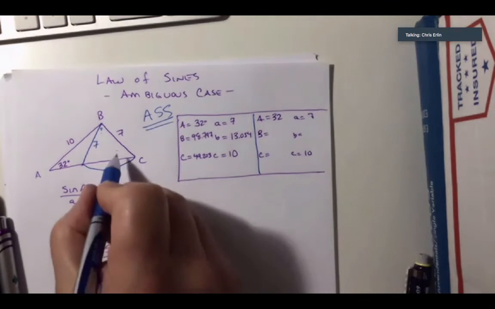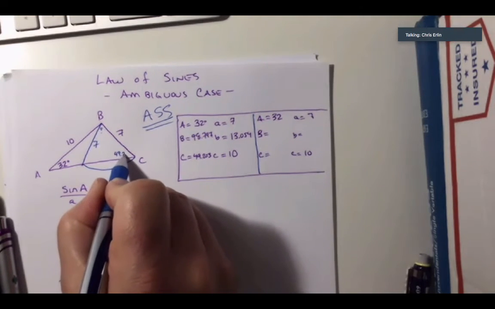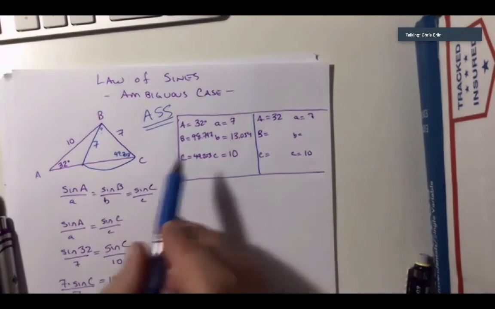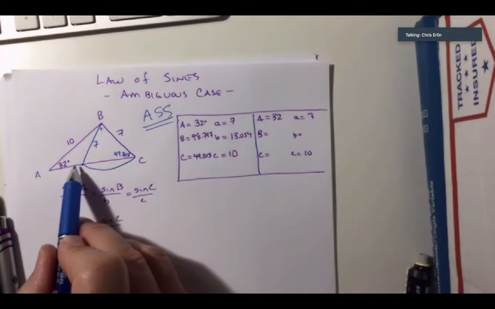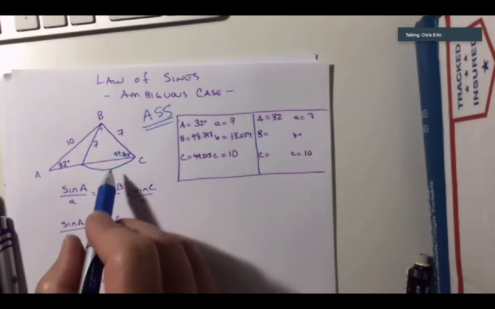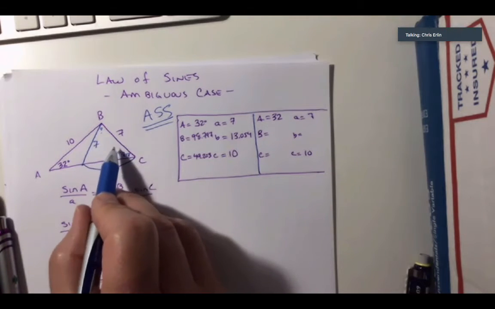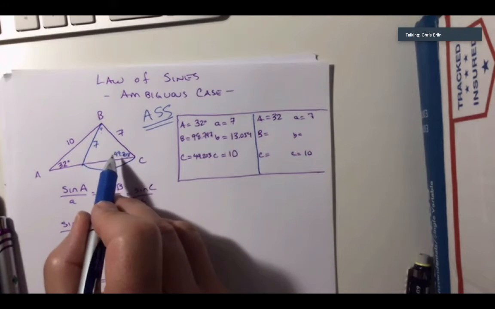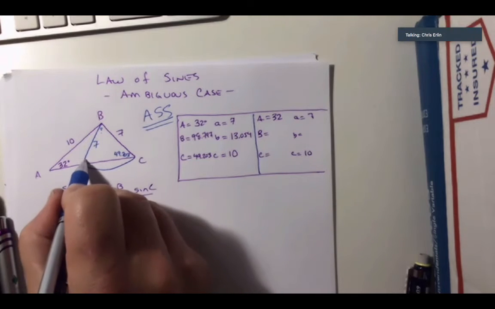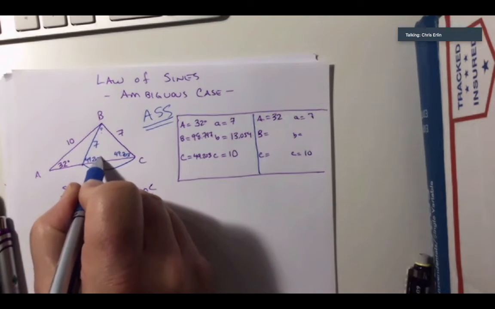And whereas here we had found that this was 49.203, this angle is going to be different. How can we find it? Well, if this is 7 and this is 7, that makes this an isosceles triangle. If it's an isosceles triangle, then we know that this angle will be 49.203 as well.